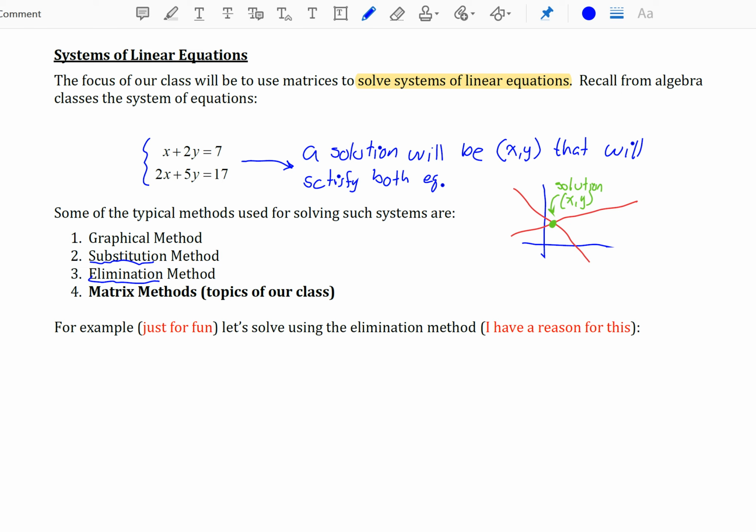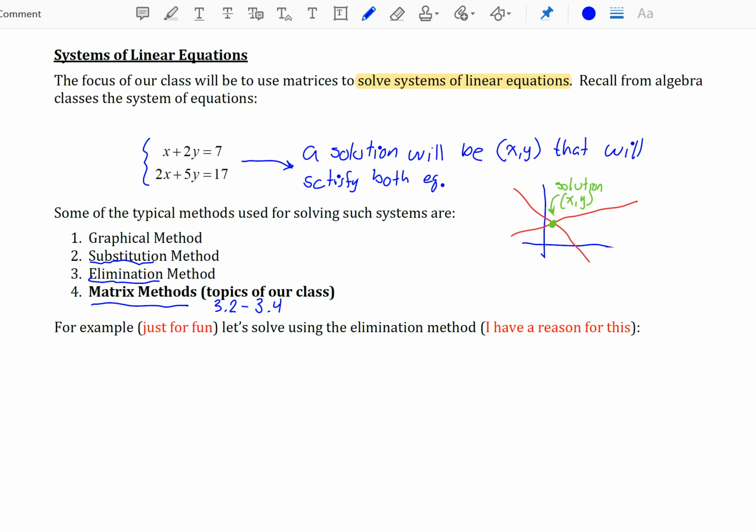However, other methods that you probably recall from Math 1050 were referred to as matrix methods, and there were several that we talked about. And so I'm going to talk about several in our class as well. These will be spanned out over several chapters, from chapters 3.2 through chapters 3.4. We'll look at matrix methods.